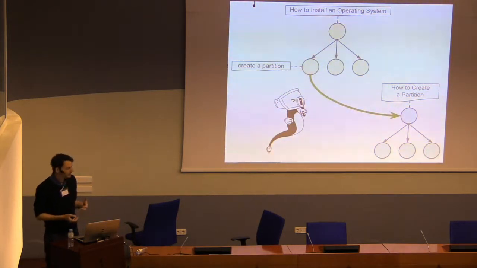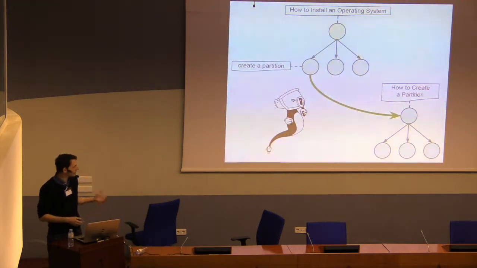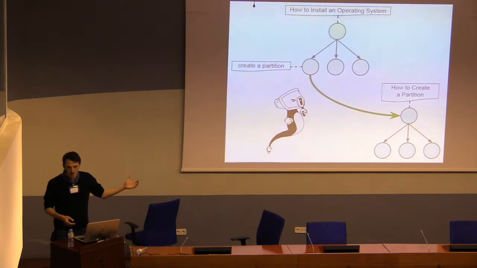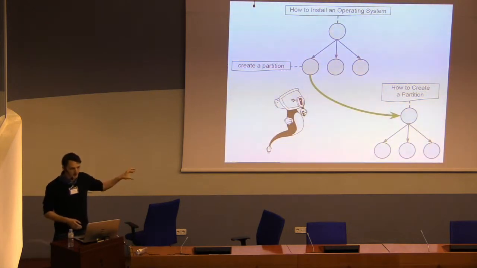And if you don't know well how to do it, or if a machine wants to anticipate your needs on what you might do next, it's very useful to know that there is a connection between this step and a set of instructions on how to create a partition, which maybe another document describes in more detail.